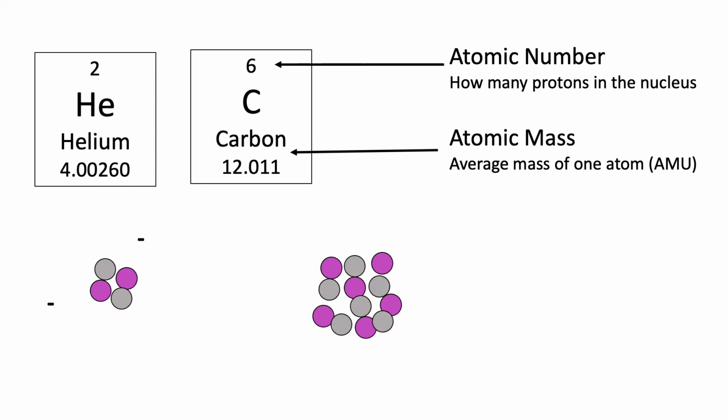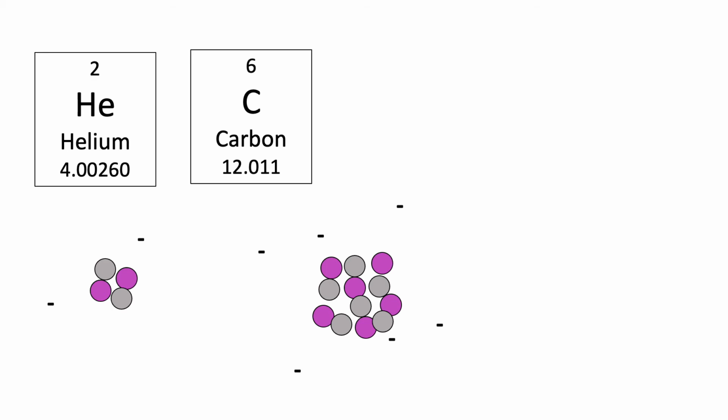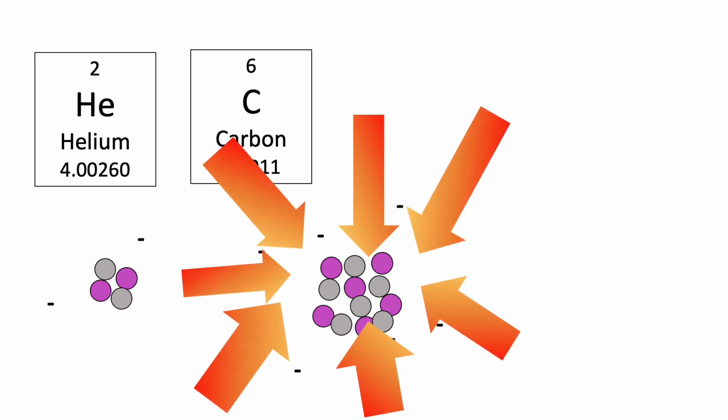So that tells us that it has 6 neutrons in its nucleus. And of course it has 6 electrons around the outside, attracted to the protons. Now imagine how much pressure and heat from the sun has to be used to force all those protons together.